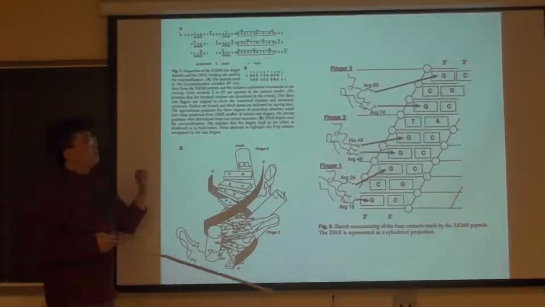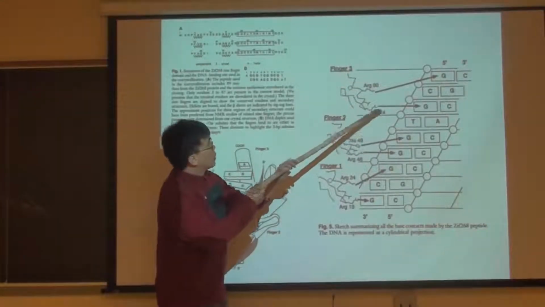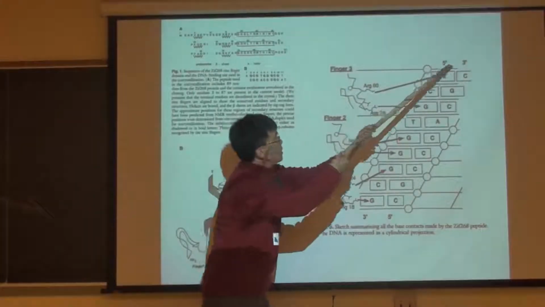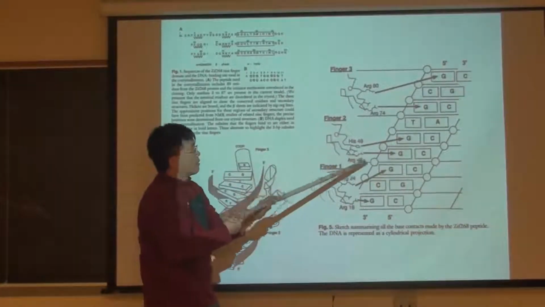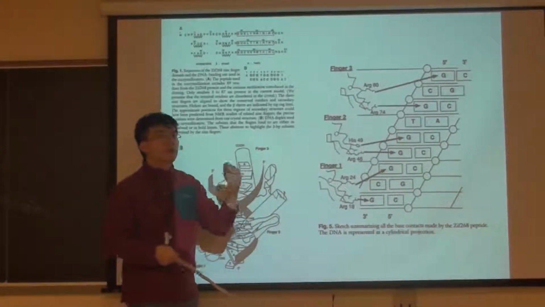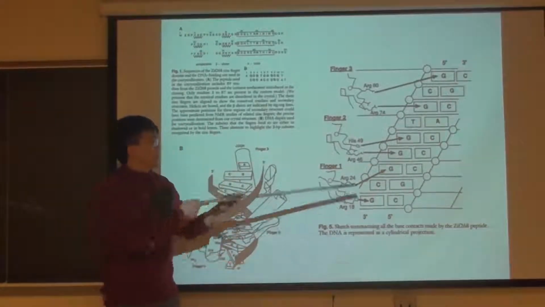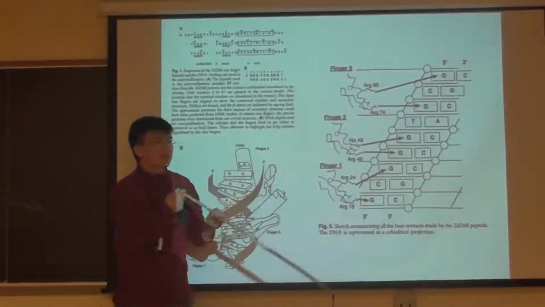But the key point here is that the protein has a module, and then 2 amino acids recognize 3 base pairs of DNA. And another set of amino acids recognizes another 3 base pairs and so on. So they could reduce the rules behind the recognition of the DNA base pairs to triple units.